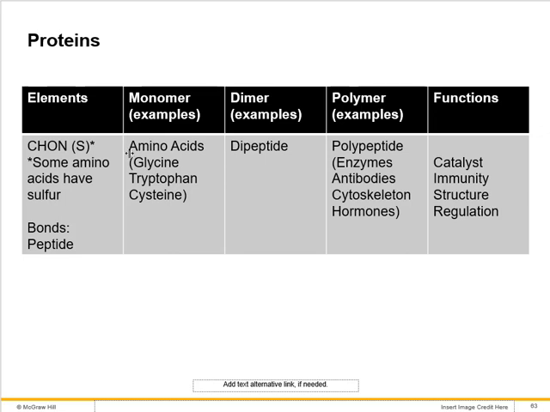It has a carboxyl. The acid is the COOH, the carboxyl, and the amine group is NH2. So you have an amine group on one end and a carboxyl on the other end on all amino acids, and they're kind of lined up in that order.